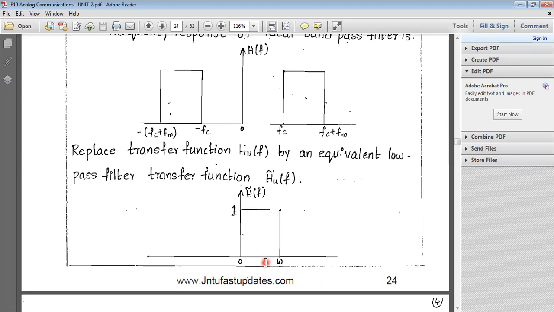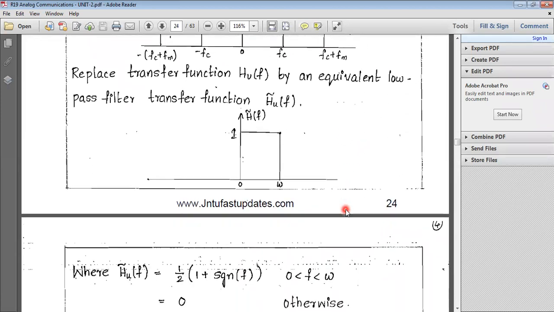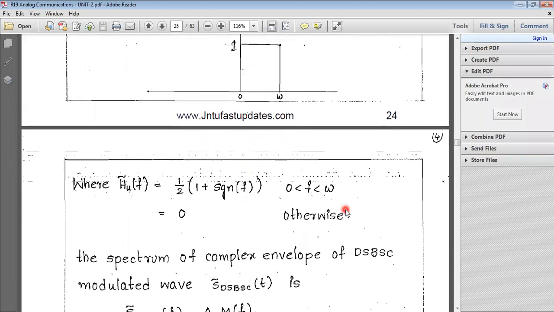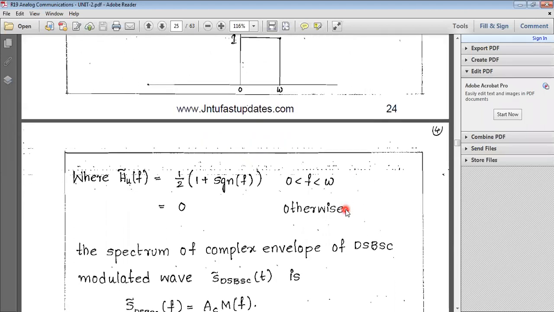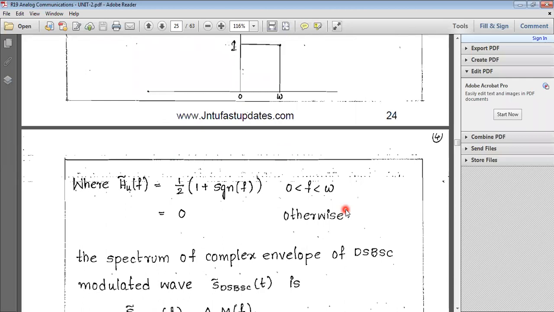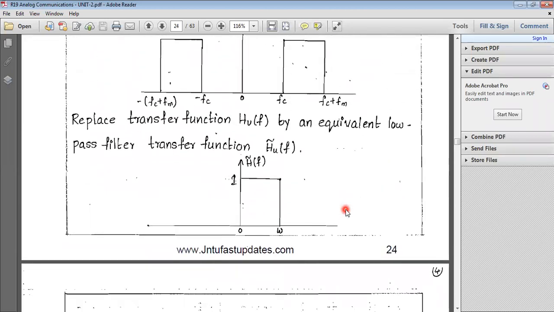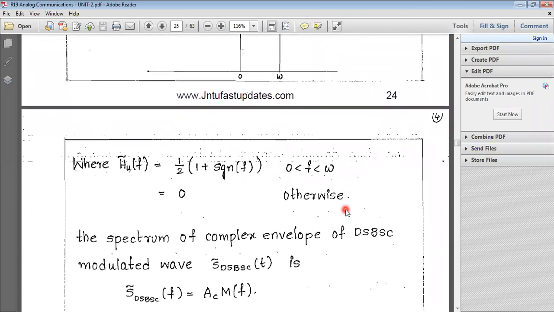So draw the spectrum, transfer function of low pass filter. Already you know low pass filter, here we have only one band of frequencies. What is the formula for the transfer function of low pass filter?